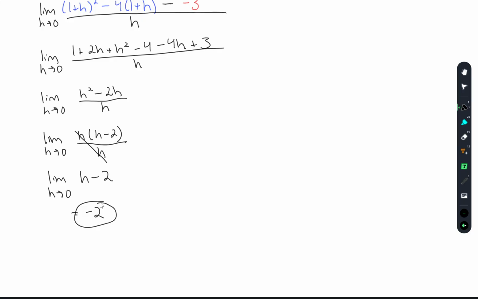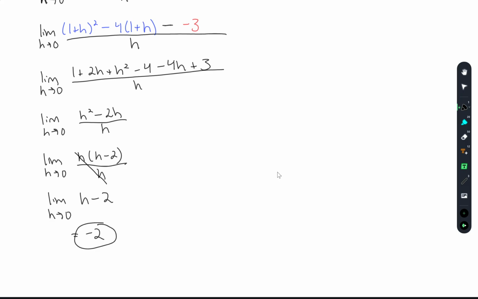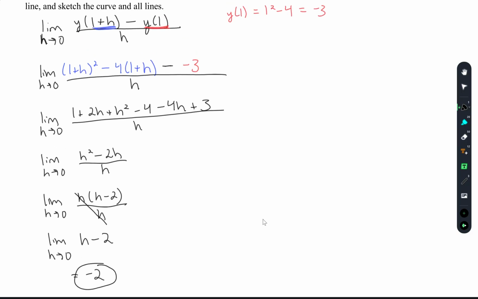Never mind. Okay. All right, you got -2? Cool. So again, that's the slope of the tangent line.